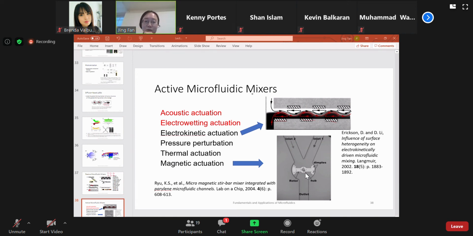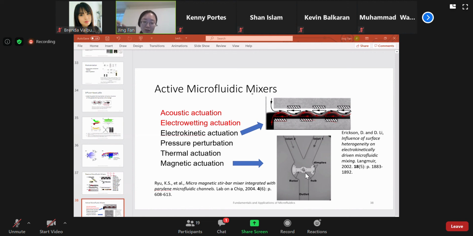Okay, then the last one is magnetic actuation. This is also easy to understand. For example, in the picture shown here, the white part in the center of this circular junction is like a rotor, which means that it can rotate in the presence of an external magnetic field, which is easy to implement.